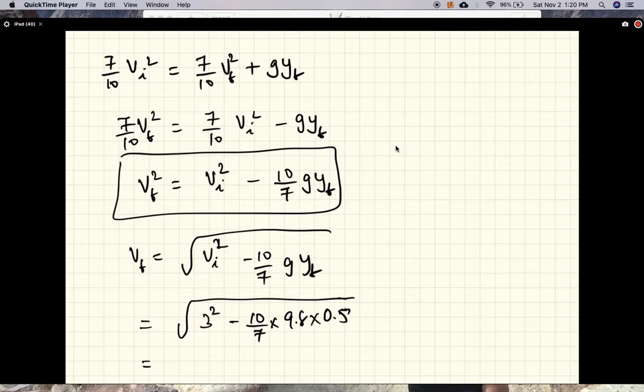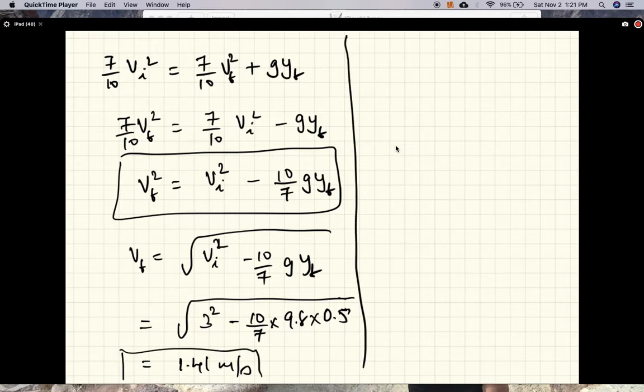This works out to 1.41 meters per second. All right, so that's how fast the ball is rolling when it gets up there.